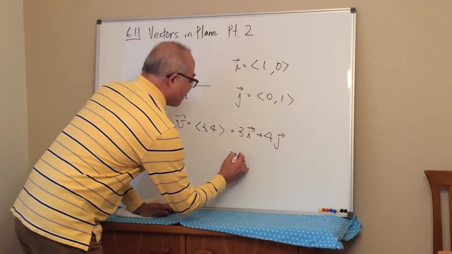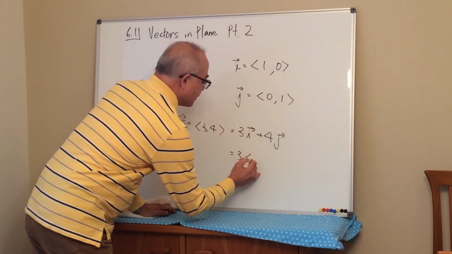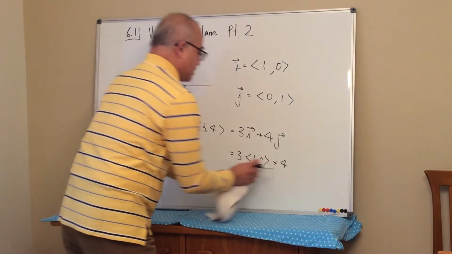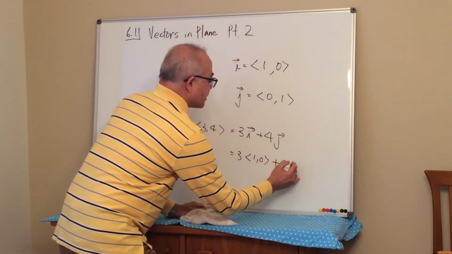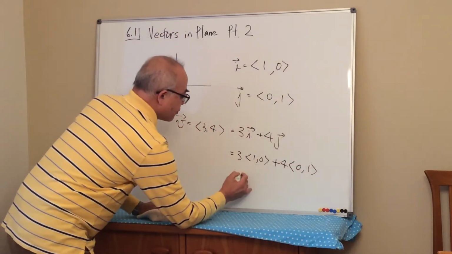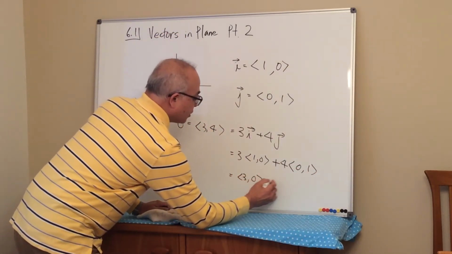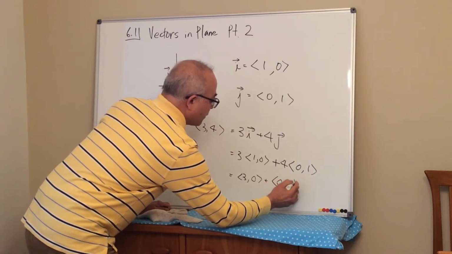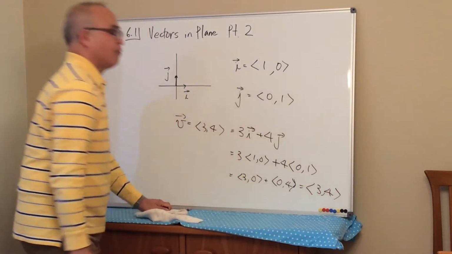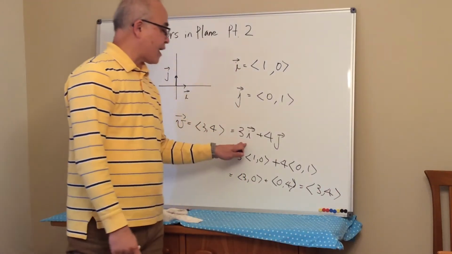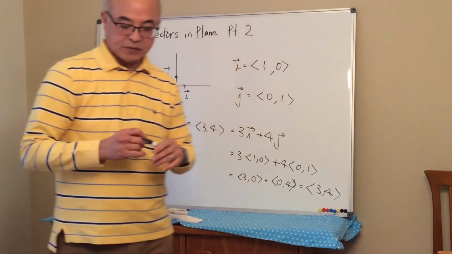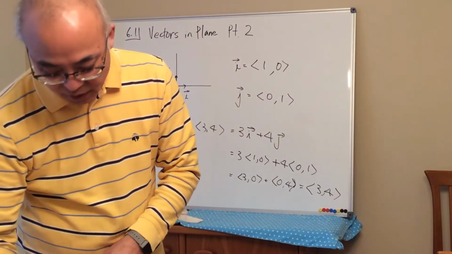So if you look at it, 3i is 3 times 1, 0, plus 4 times j, which is 0, 1. So this is 3, 0 plus 0, 4, which is basically 3 and 4. So I took this vector and I can now put it in this type of form. Okay? So that's a special type of unit vector.